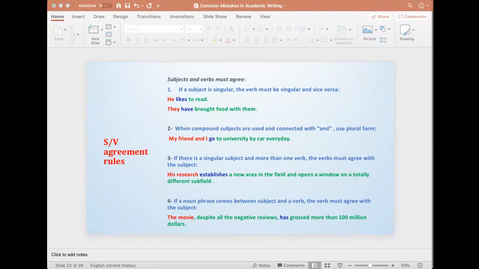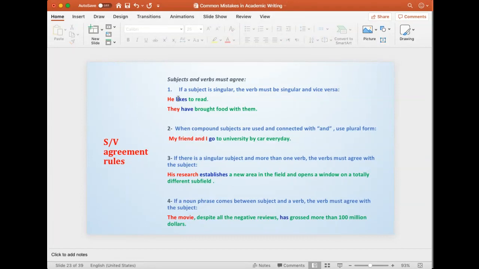If the subject is singular, then the verb has to be in the singular form. If it's in the plural, it has to be in the plural form. Okay? So let's look at these cases to understand how we make a subject-verb agreement. So if a subject is singular, the verb must be singular and vice versa.